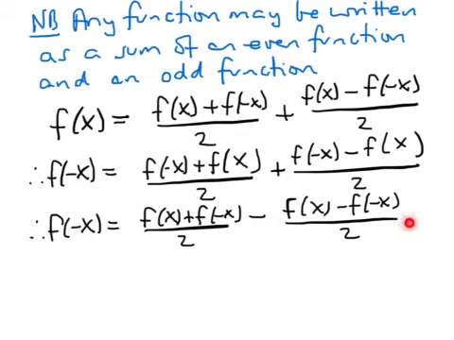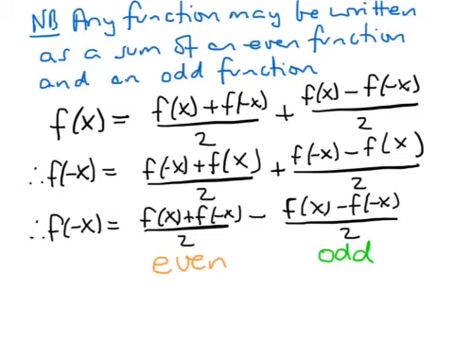And this term here is odd. You replace x by minus x in here, and you get the same thing but with a minus sign in front. So we see that this is even and the second term is odd.